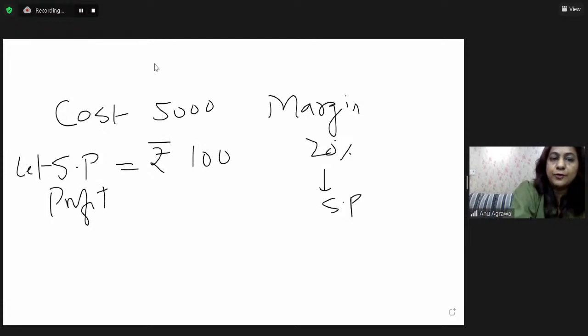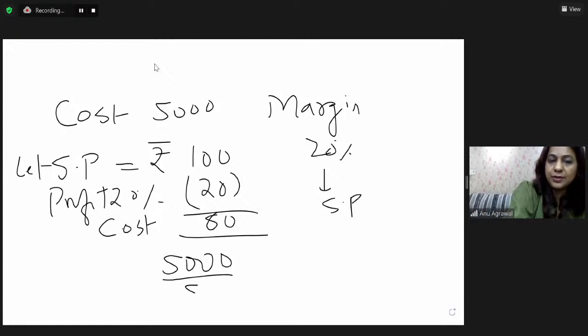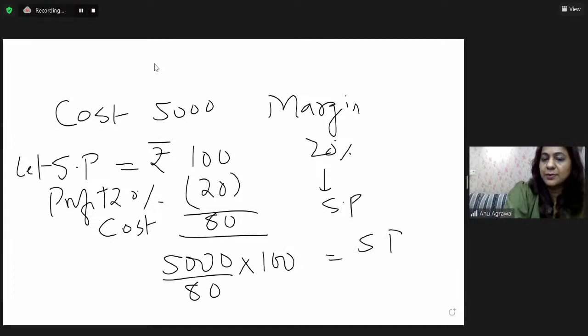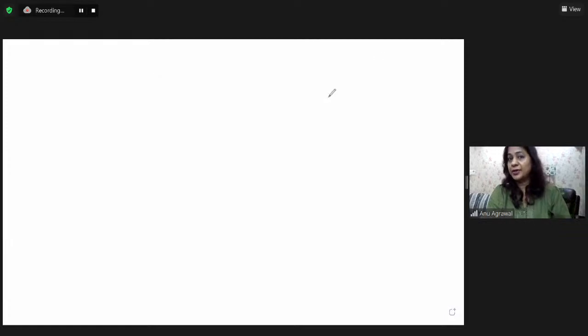Then profit of 20%. Now you subtract profit in order to get the cost. Now, if the cost is 5,000, it is equivalent to 80. Then what will be 100? Then you will get the selling price. If you want to find out the profit, you can multiply it by 20 and get the profit. Okay. So this thing you need to remember. Good, Shivani, you are clear.